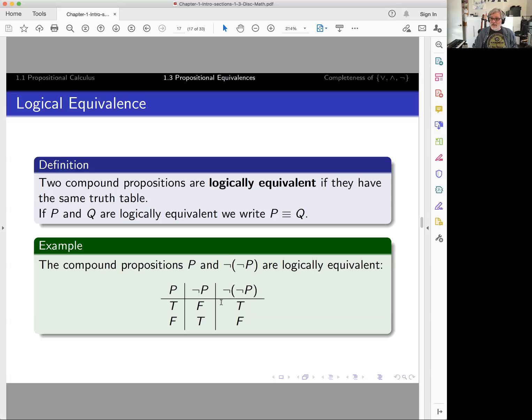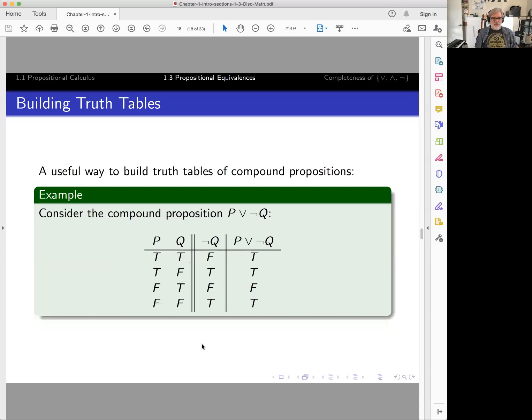And if I negate that a second time, it comes back to true. If I start with false, negation is true, negation of that is false. So you see that the truth values of not not P are exactly the same as the truth values of P. So these two expressions, these two compound propositions, are logically equivalent. Okay, well, maybe that's just too simple.